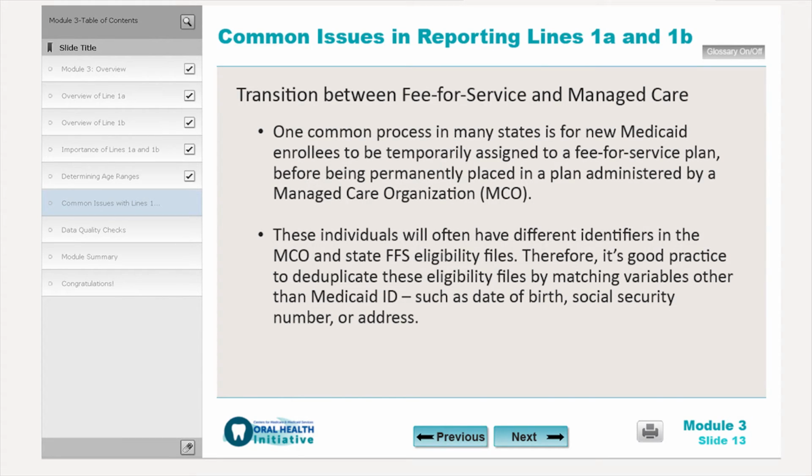These individuals will often have different Medicaid identifiers in the MCO and state FFS eligibility files. Therefore, it's good practice to deduplicate these eligibility files by matching variables other than Medicaid ID, such as date of birth, social security number, or address. By deduplicating the files, you can help make sure each child shows up only once on line 1A and only once on line 1B. Let's talk about this deduplication process a little more.